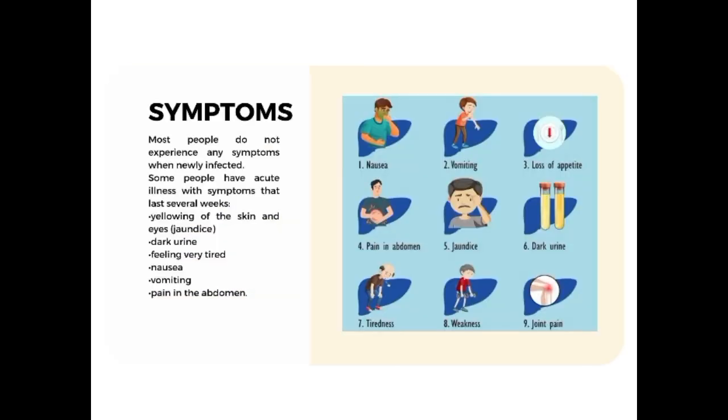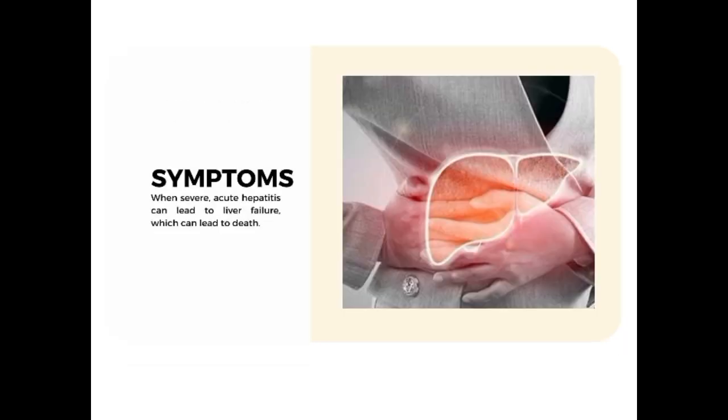And here are the symptoms of the hepatitis B infection. Most people don't experience symptoms when newly infected. Some have acute illness and symptoms that last several weeks, such as yellowing of skin and eyes, dark urine, feeling very tired and very weak, nausea, vomiting, and pain in the abdomen.